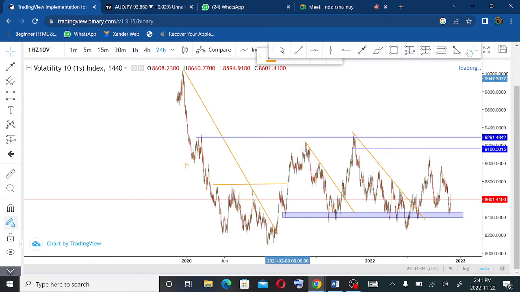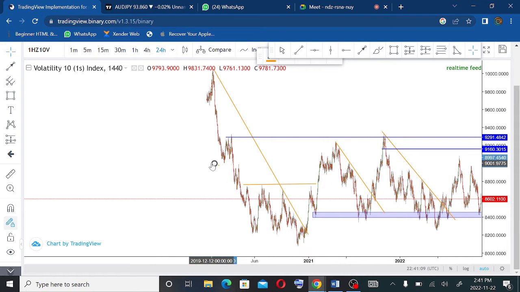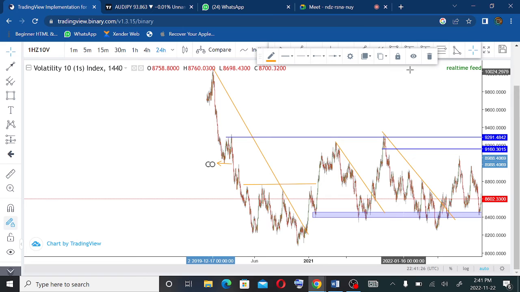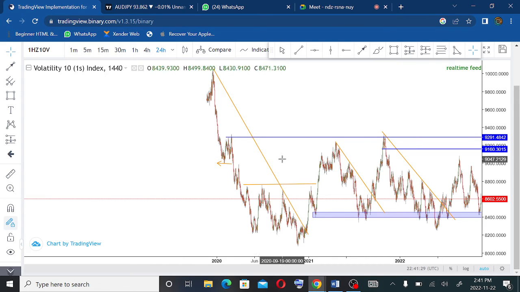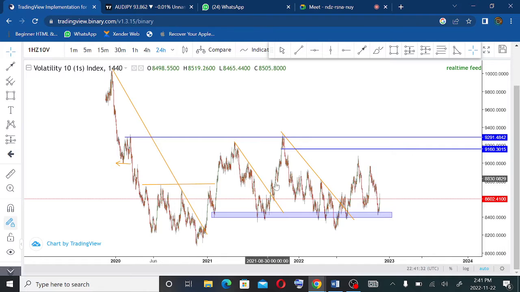So if you check that, you see we had a clean break of market structure here, leading to this bearish drop, you get.